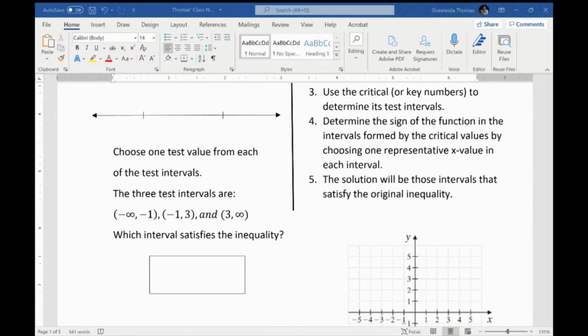The solution is not the test intervals. That's not the solution. The solution is which interval meets the criteria of the original problem. The original problem here is which interval is less than 0. So you have 3 test intervals, but what was the answer, everybody?